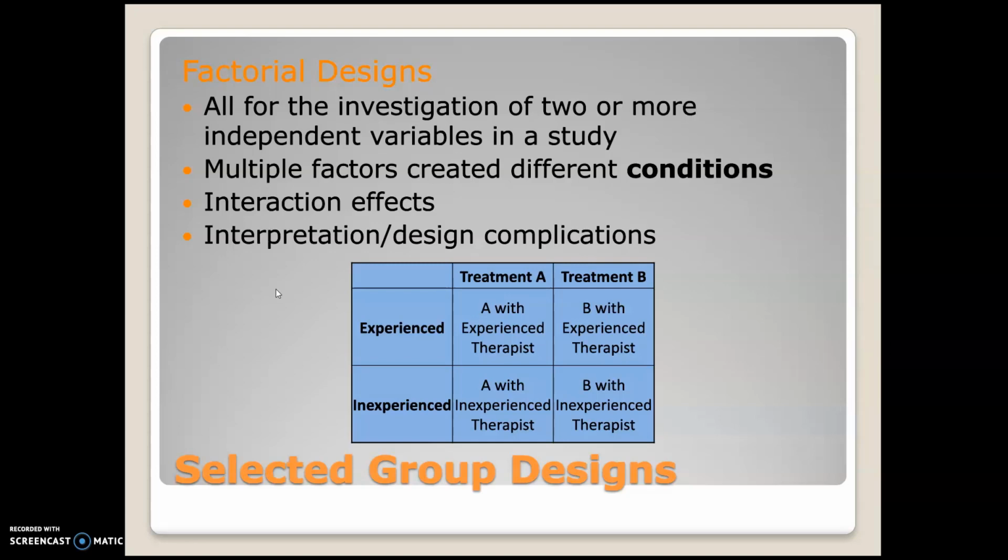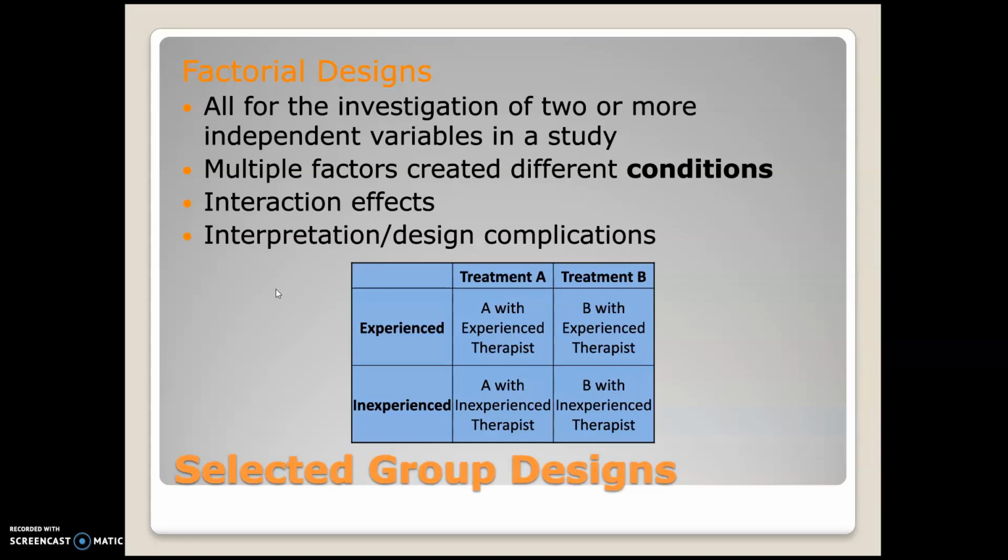So let's say there's, for example, an experienced therapist and an inexperienced therapist, and they're both administering two different types of treatment, treatment A and treatment B. What we could do is see which treatment seems to be most effective with an experienced therapist and which seems to be more effective with an inexperienced therapist.